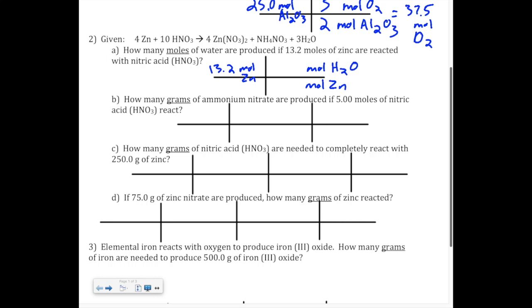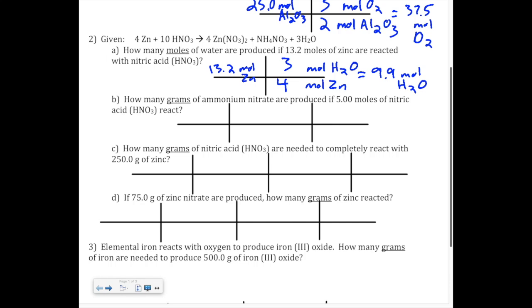Now, this is a mole ratio, so I need to use the coefficients in the equation. So the coefficient for H2O is 3, and the coefficient for zinc is 4. So 13.2 times 3 divided by 4 is going to be 9.9 moles of H2O.